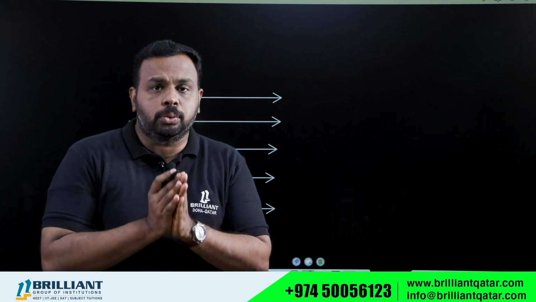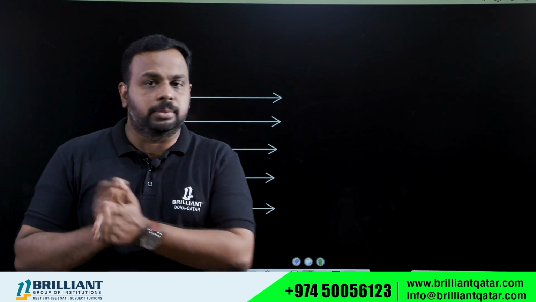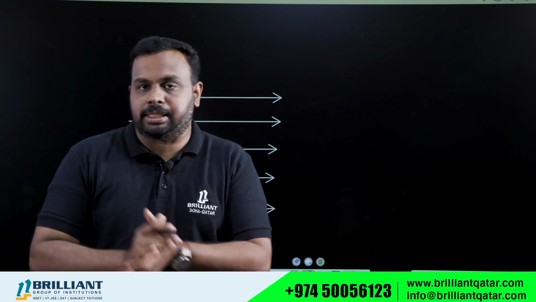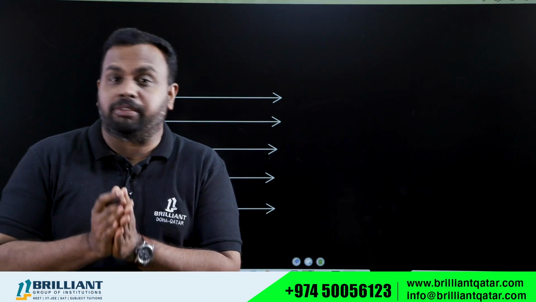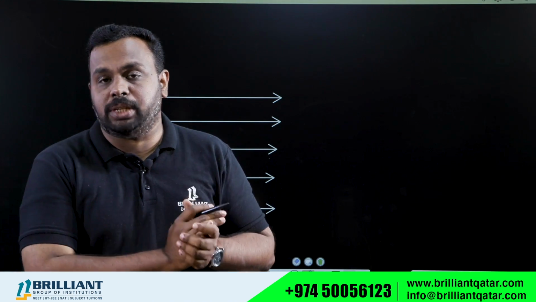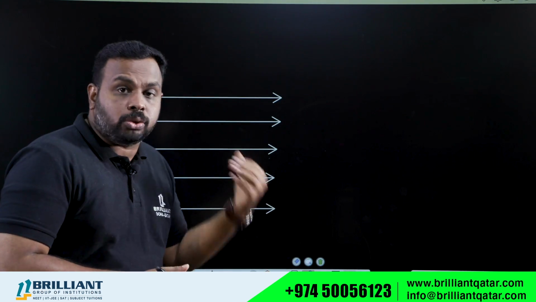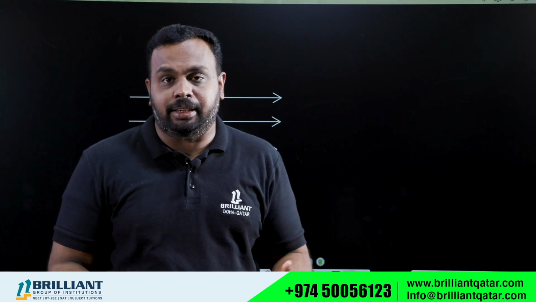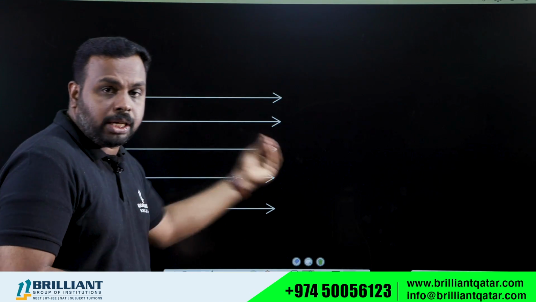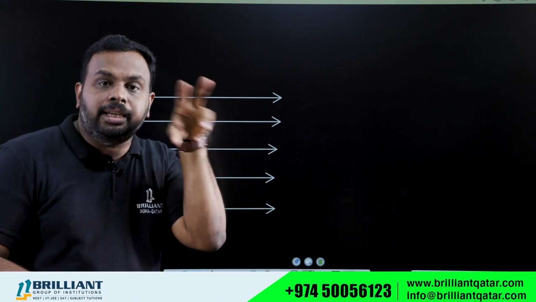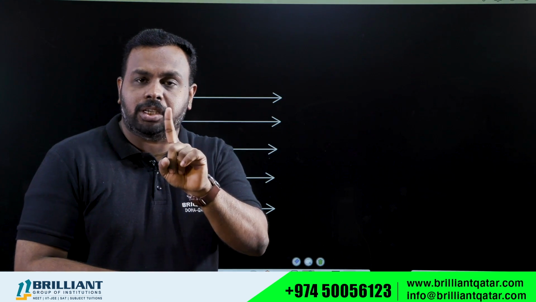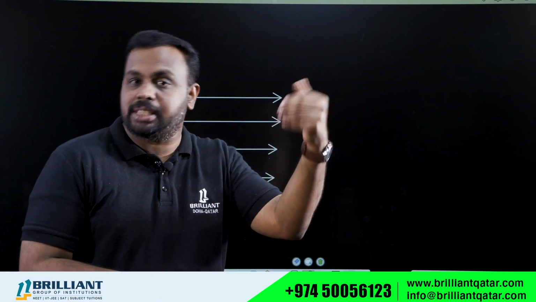Whenever you are looking at the diagram of an electric field, please note that you should know the direction of electric field. Normally it starts from positive charge to negative charge, right? In this diagram, I did not show the source, from where this electric field is generated. I did not show any source charge, but that idea should be there in your mind. The electric field lines start from positive charge and end at negative charge.